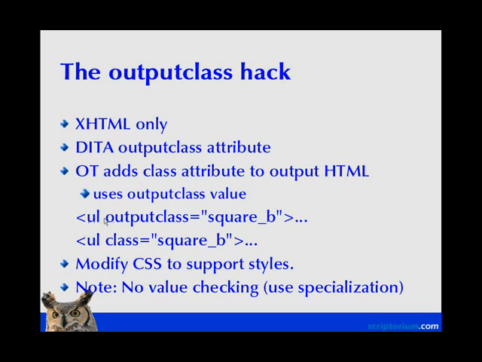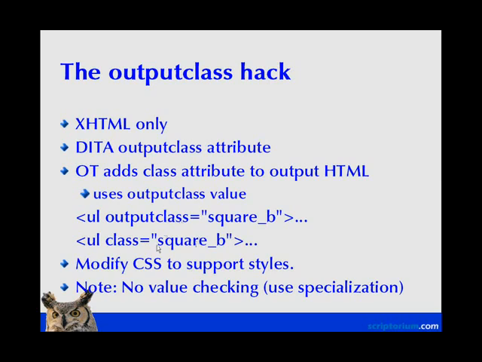When DITA is processed through the Open Toolkit, anything that's in output class, so here we have a UL in DITA that uses the output class attribute. When this is processed into HTML, what happens is in HTML we have a class attribute, and it contains the same value as we specified in output class.